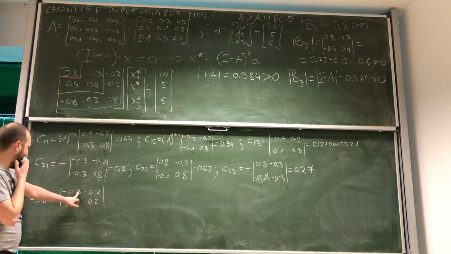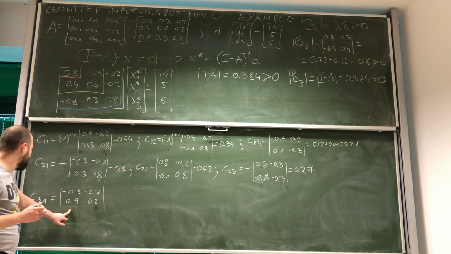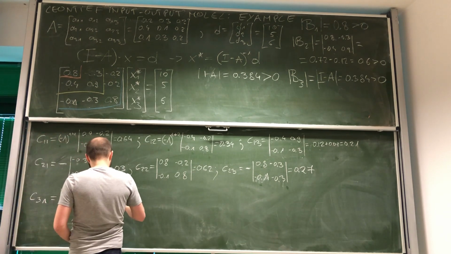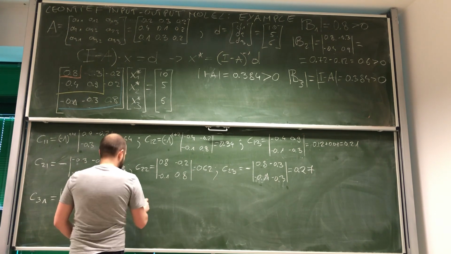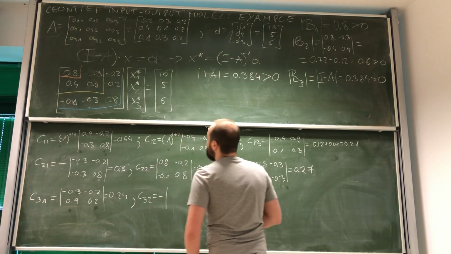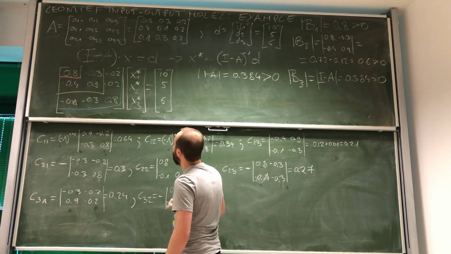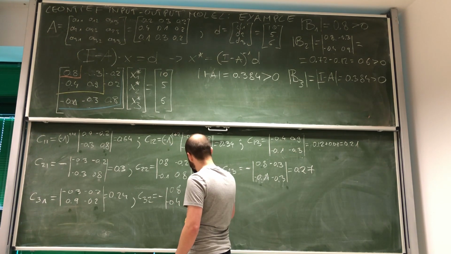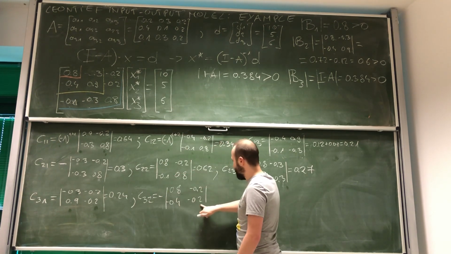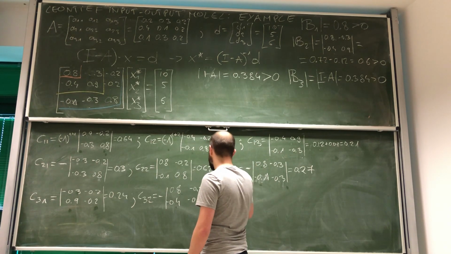So this gives us 0.06 plus 0.18, this is 0.24. Okay, C32, this one starts with the minus, and we've got 0.8, negative 0.4, negative 0.2, and negative 0.2. So we've got 0.16 minus 0.08, so it's 0.24.